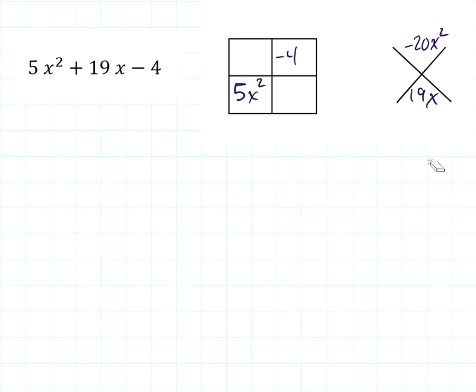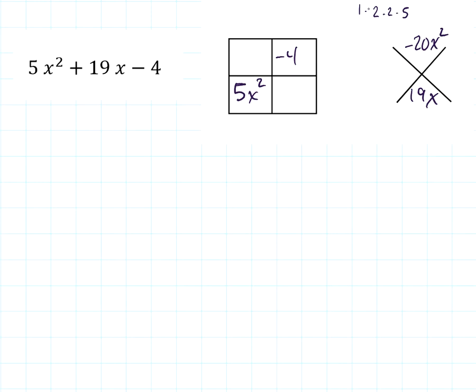I need two numbers that have a product of -20x squared, and when I add them together, I get +19. Of all the factors I can use with 20, there's 4 times 5, or 2 and 5, and it's always good to remember that you could use the 1 also.